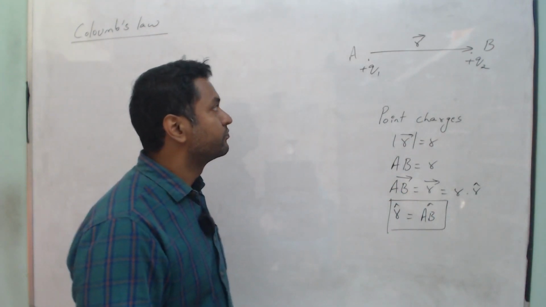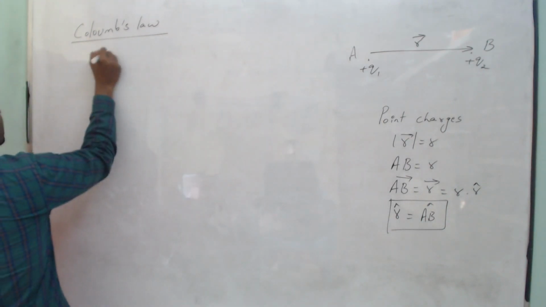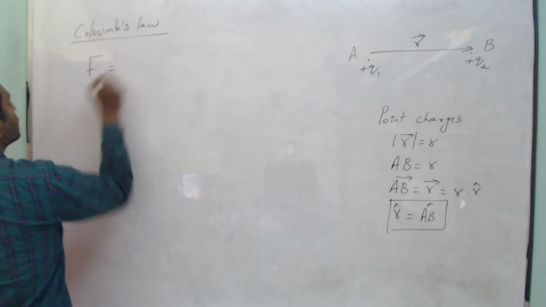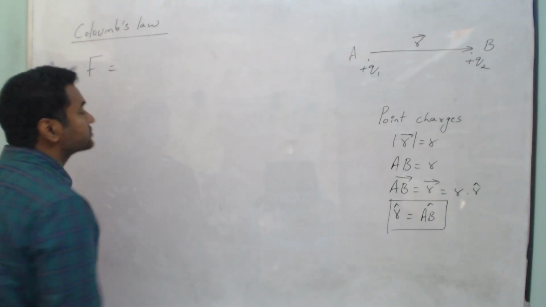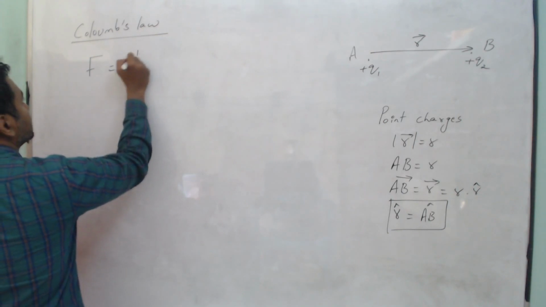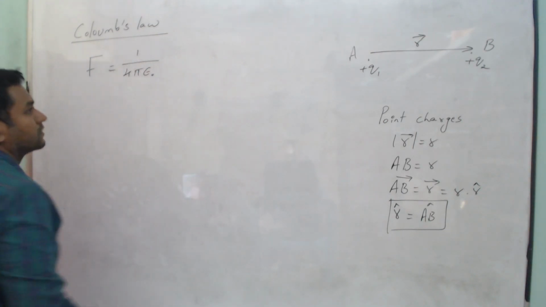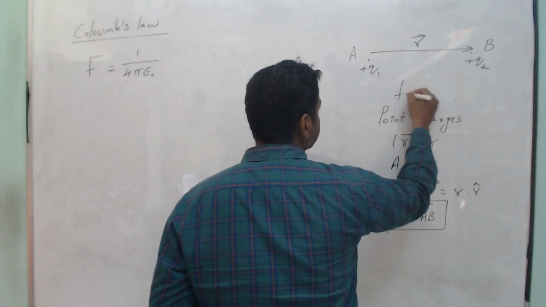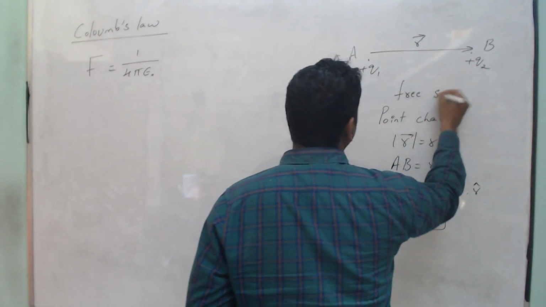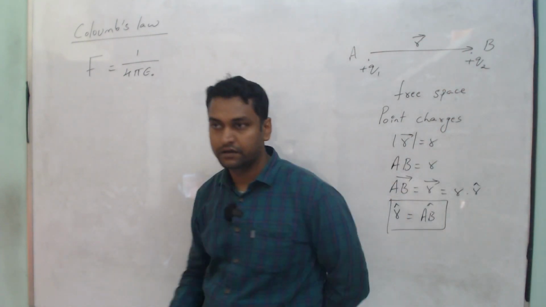Now, according to Newton's law, the force between two charges q1 and q2 is given by 1 by 4 pi epsilon naught, if these two charges are placed in free space. What do we mean by free space? That means not like atmosphere.